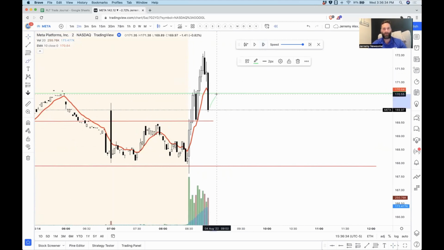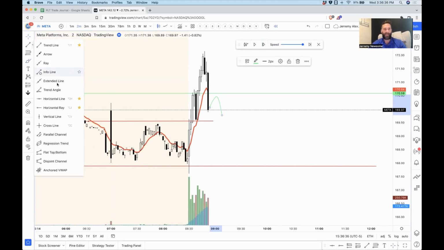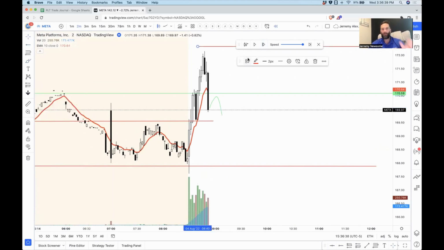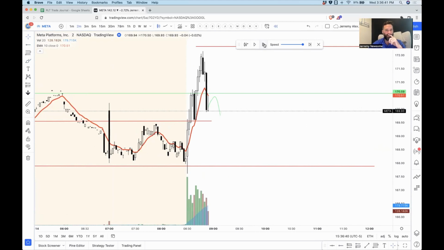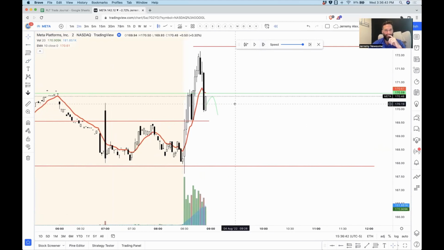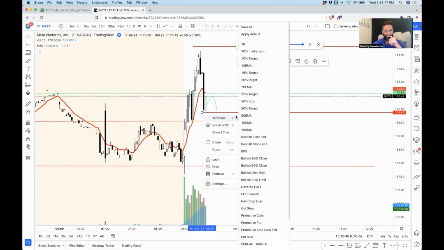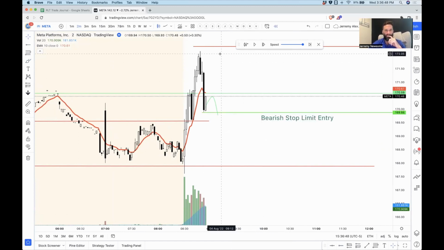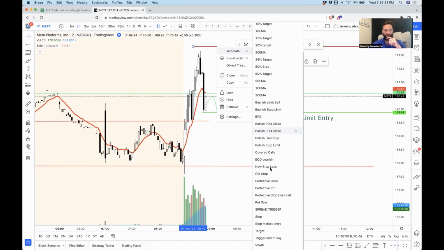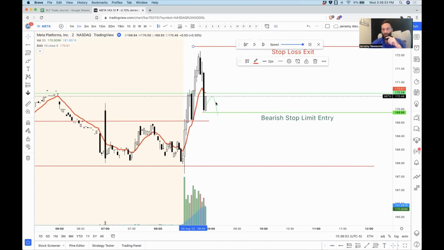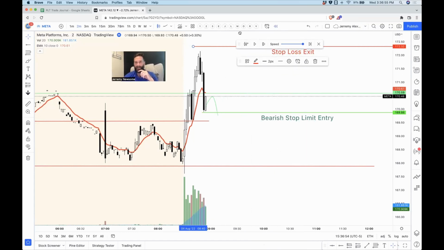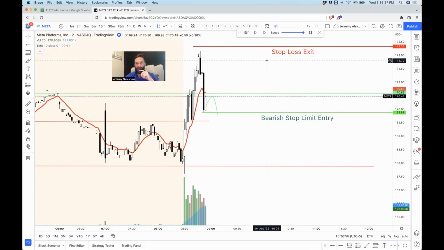So if I can get a little bit of a retest of some type of small bull candle, let's see what would happen here. Next candle, there it is. All right, bear stop. Let me make sure the risk reward's good. 169.68 and beautiful. All right, that's going to be 1,500 shares.